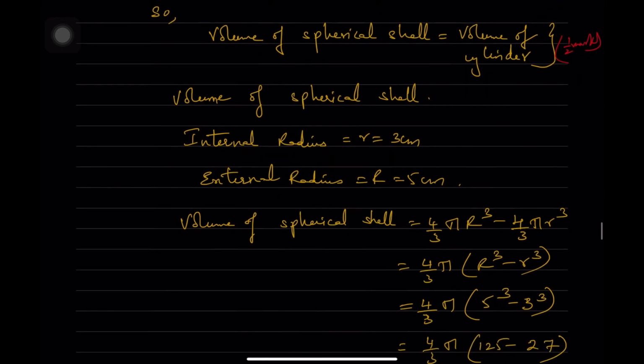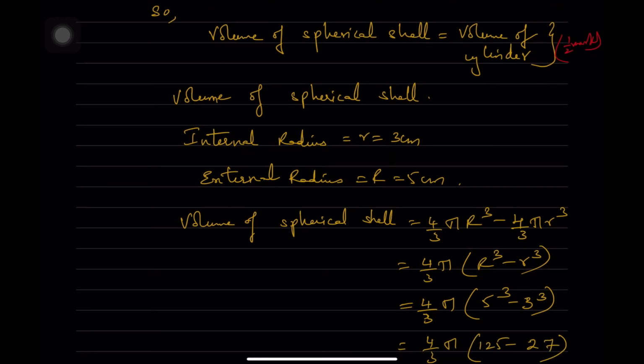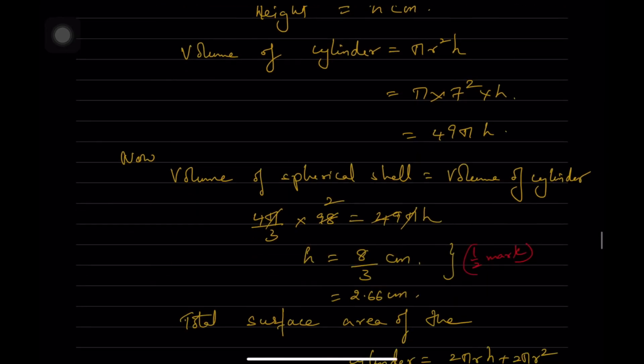For this half mark, volume of spherical shell, internal radius is equal to small r is equal to 3 centimeters. External radius is equal to capital R, which is equal to 5 centimeters.